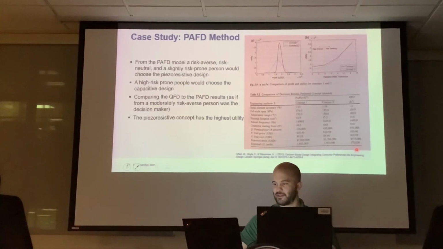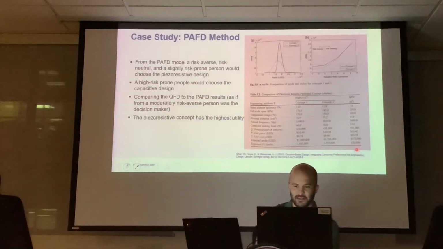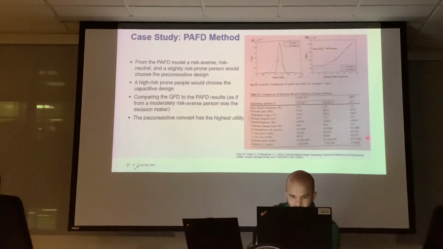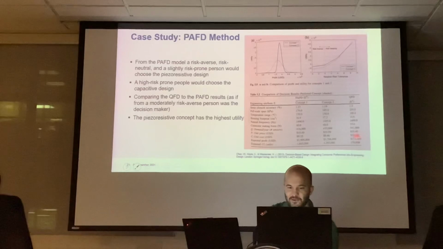Now, why is the QFD result so low? The utility of the QFD model is significantly lower than that of the PFD results because the QFD is biased towards meeting the customer's product desires and doesn't consider the cost of those desires. So as you can see, the cost up here per unit is a lot higher in the QFD than it is for the PAFD.